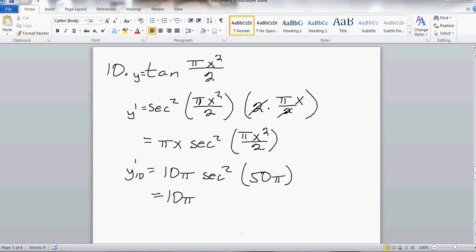Well, 50 pi is equivalent to 0. And if I think of secant of 0, the secant of 0 is 1 because the cosine of 0 is 1 and the reciprocal of 1 is 1. So the secant of 50 pi is 1, so the secant squared would be 1, and so I get 10 pi times 1, or 10 pi, as our final answer.